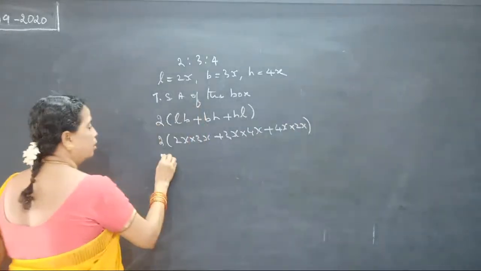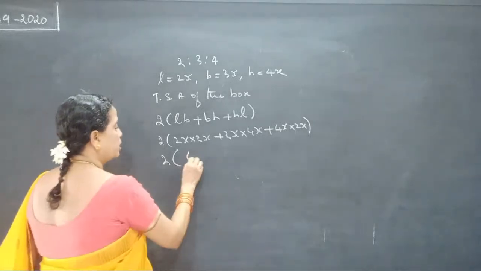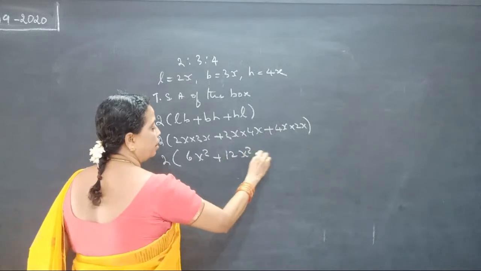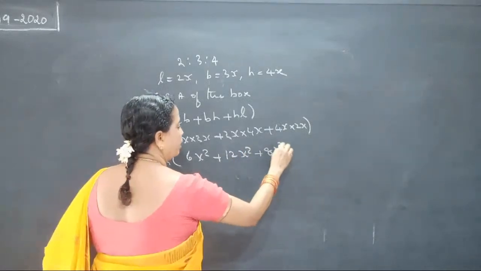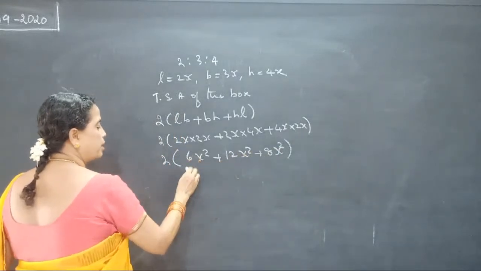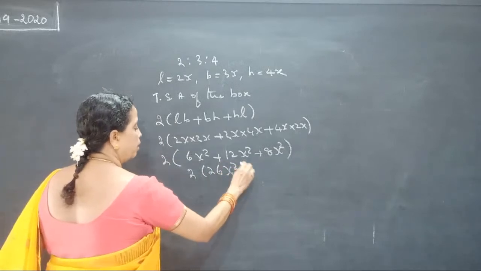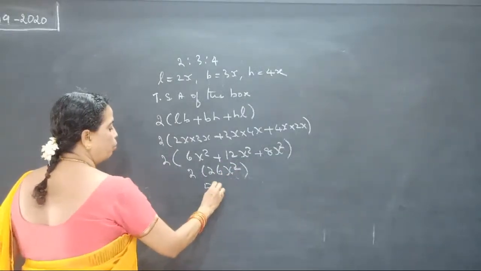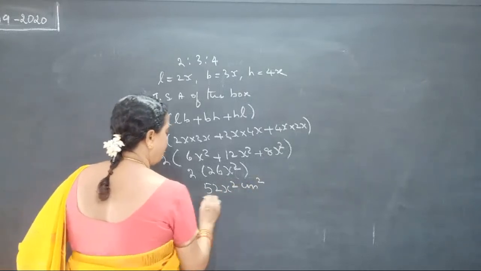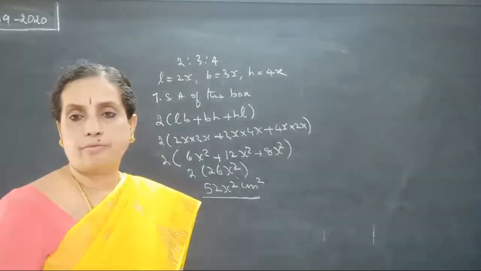What you will get: 6x squared, 12x squared, 8x squared. So 8 plus 12, 20 plus 6, 26, 2 into 26x squared. It is 52x squared centimeter squared. So the area is in x form only.